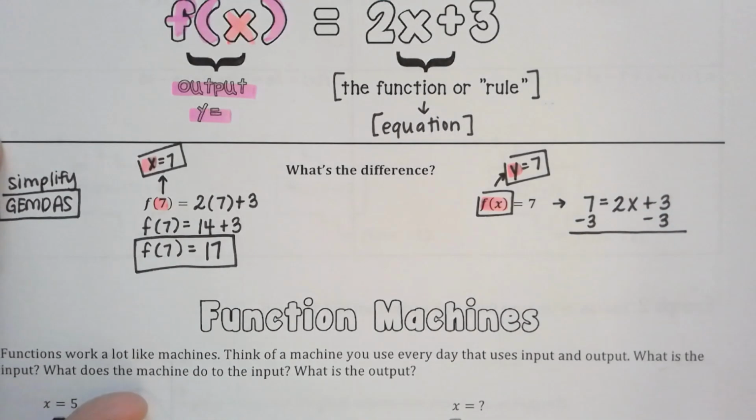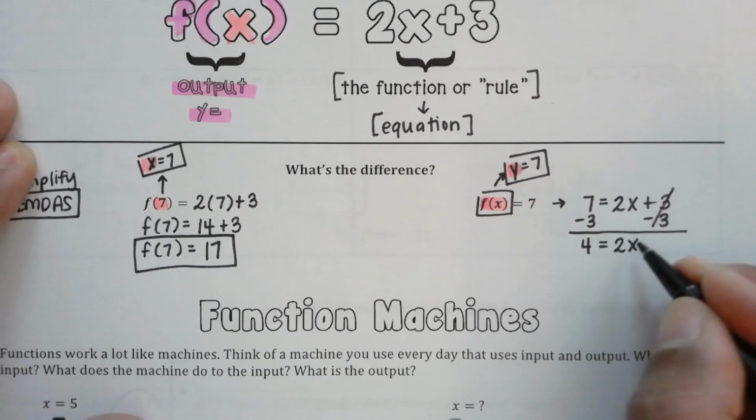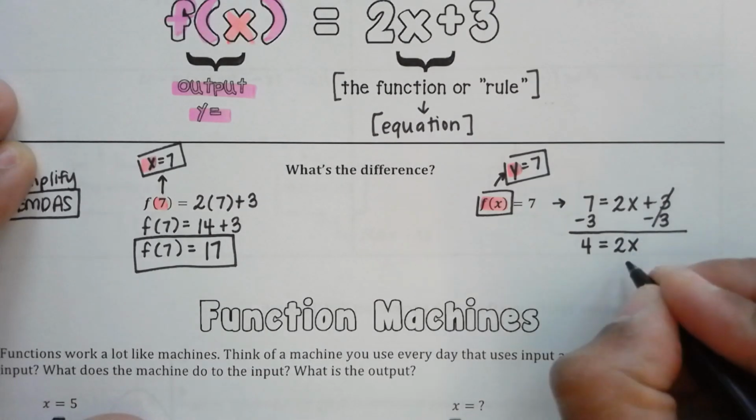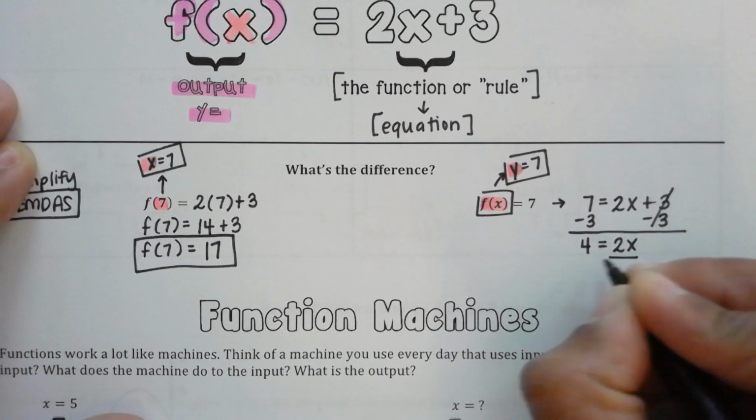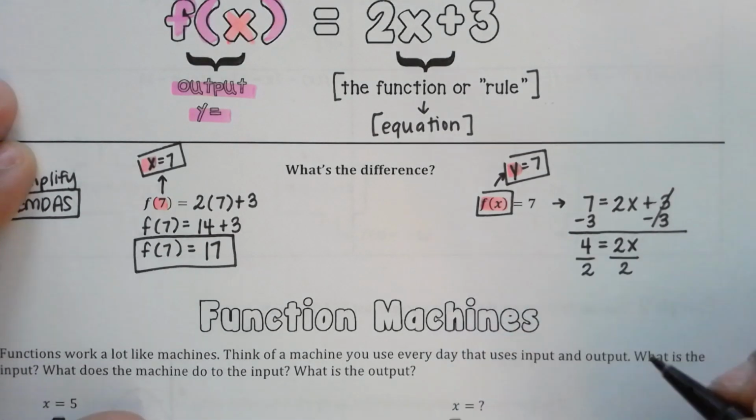So 7 minus 3 is 4. Everybody get 4? What's coming? So what's happening now to get x by itself? Divide by 2 on both sides.